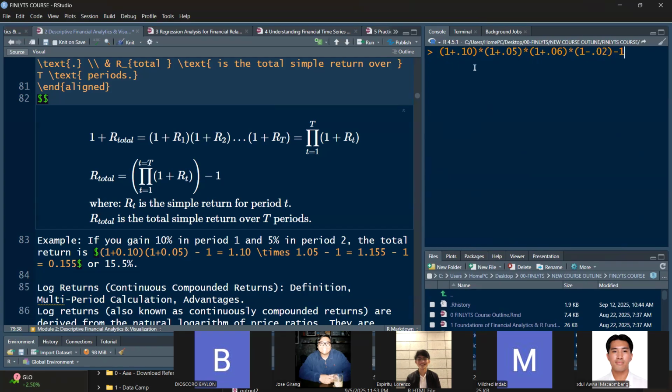Okay, class, right? Kasi multiplicative ang simple returns, class. Multi-period, multiplicative siya. It's the product of the returns minus 1. You have to subtract 1 at the end. Control Enter. So it's 0.1998. Okay. So all of you are correct. Those who answered, thank you so much. That's good. So that's 19.98%.